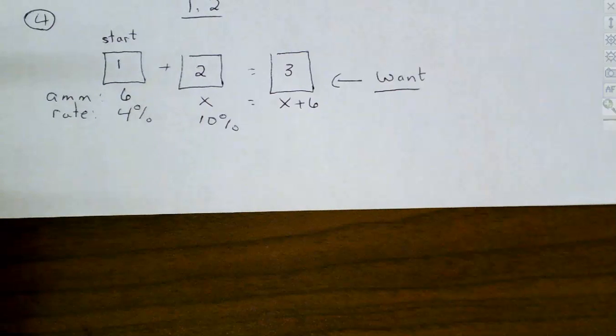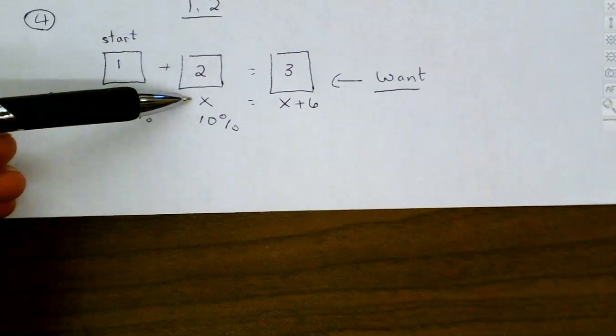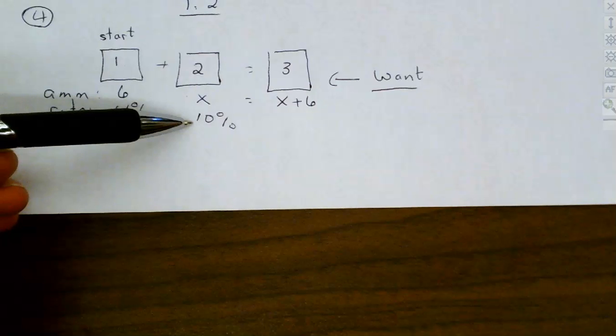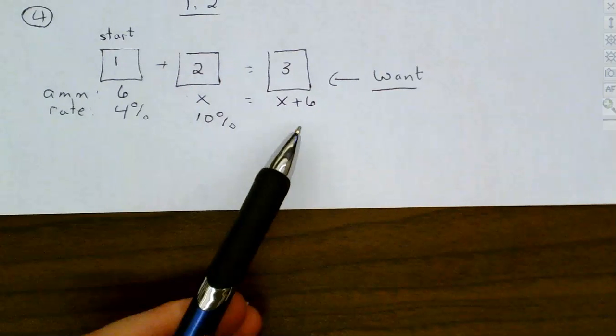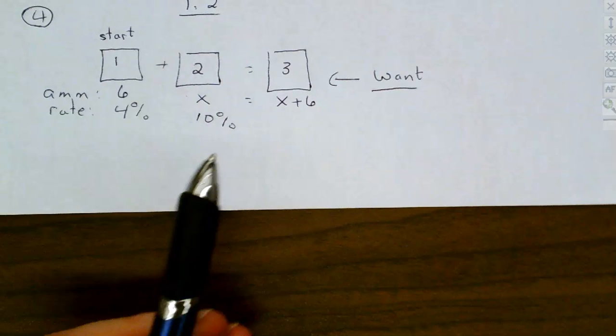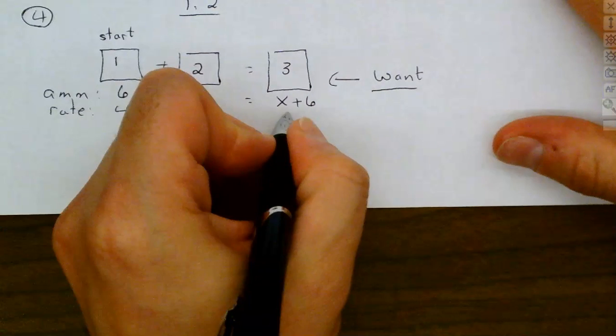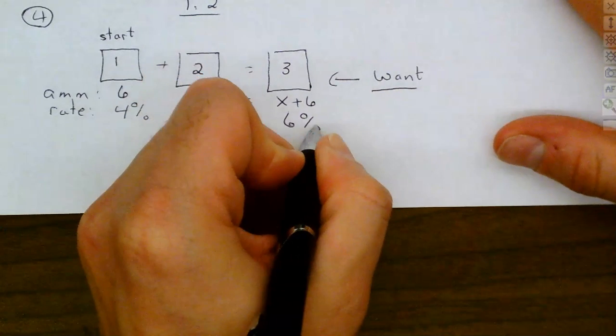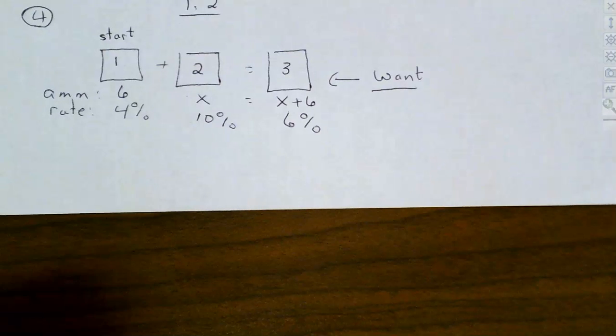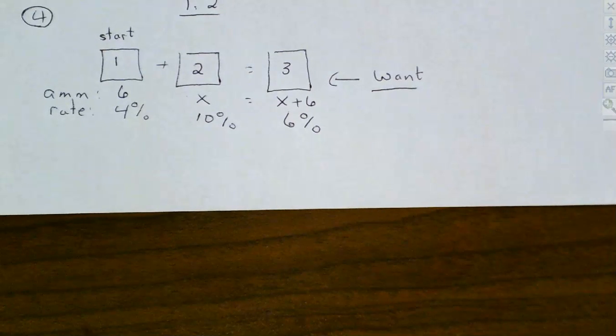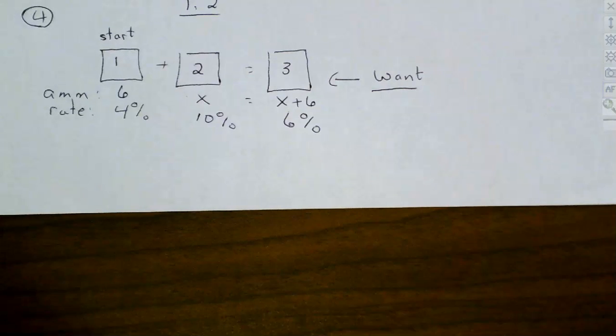We're going to mix that with an unknown amount here of 10%. And what do we want to end up with? We want to end up with 6% over here. So is everyone kind of okay with how I did that? Take your time, read it, think about each piece individually. Now we build our equation.